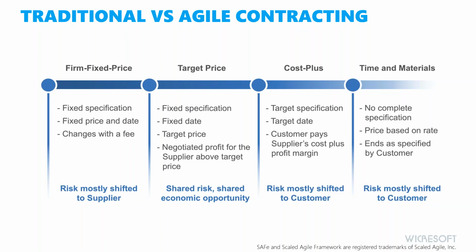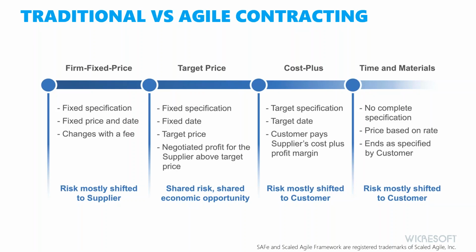if you break down traditional contracts, you've got this scale from left to right on this slide, where on the left side, you've got risk mostly shifted to the supplier because your contracts are fixed price, fixed date, and so on.